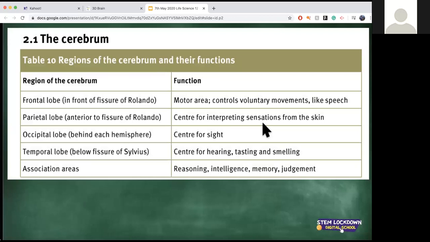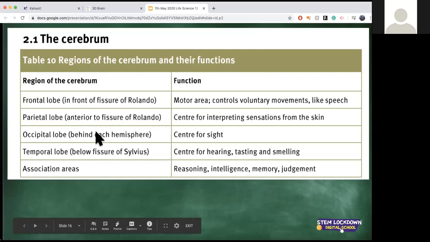So your cerebrum is divided into different lobes. You have your frontal lobe, and this is just extra information. This is important to function, but you won't be asked to identify it on a brain diagram. You've got your frontal lobe, and in teenagers, or well, in humans, this is the part of the brain that develops last. So I've got a very interesting slide for you there. This is the part of the brain in humans that only develops in your early 20s.